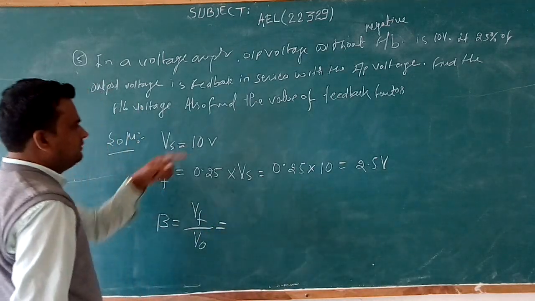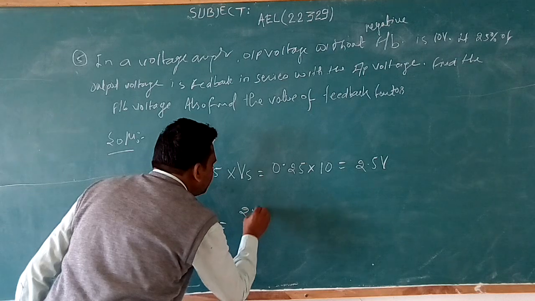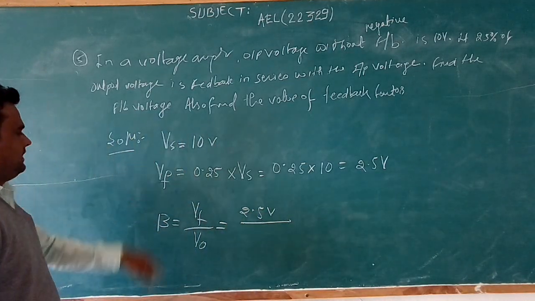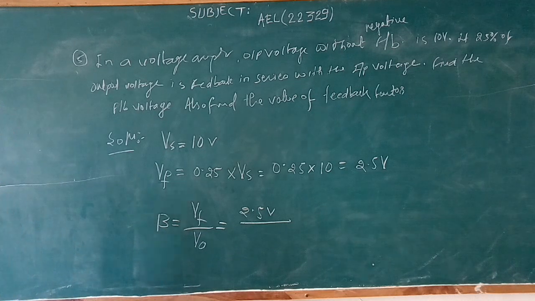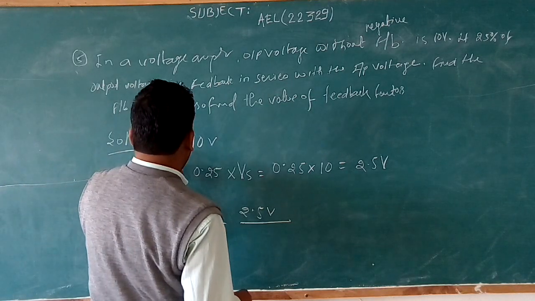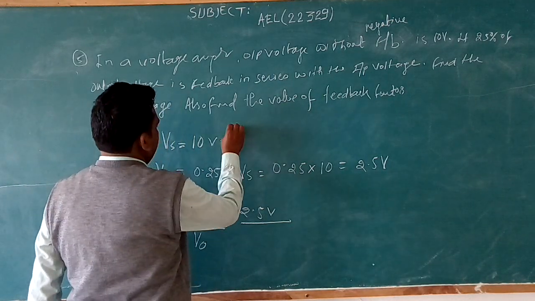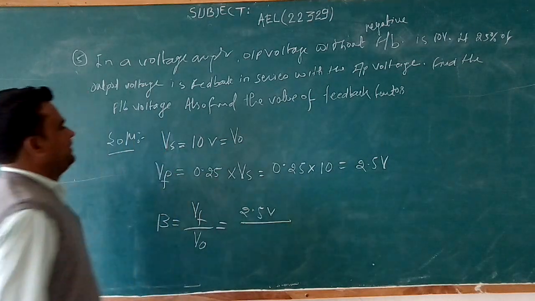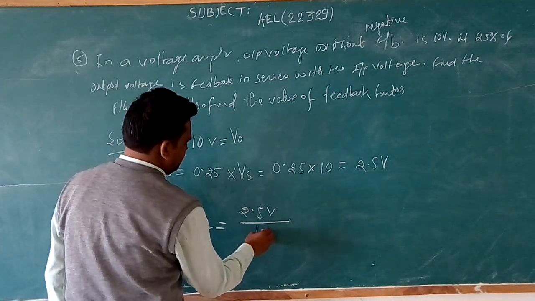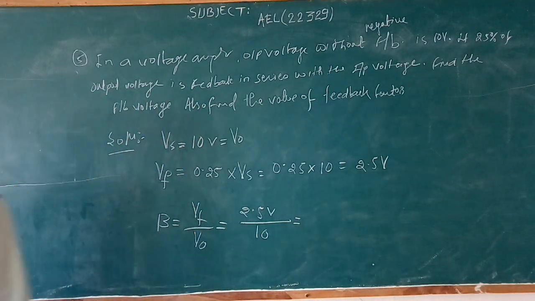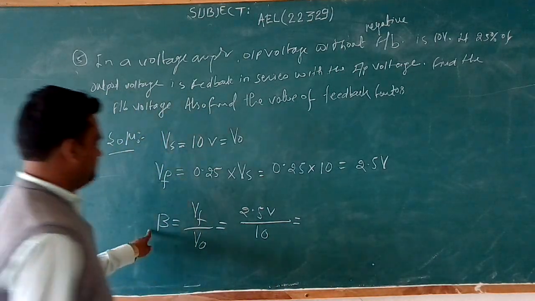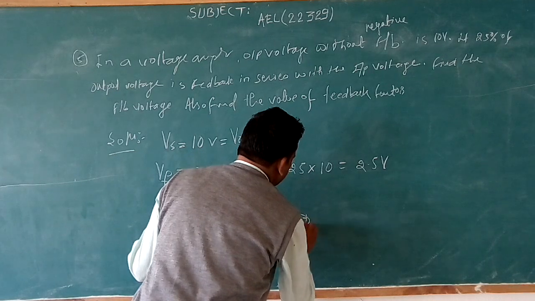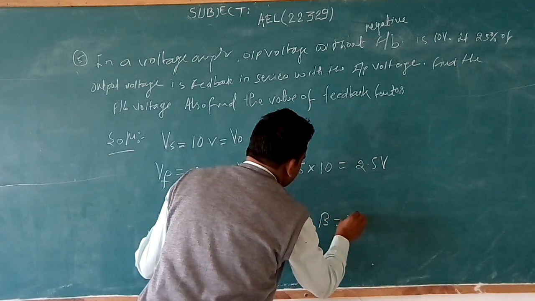So Vf equals 2.5 volt, and V0 is 10 volt, since Vs is nothing but V0, 10 volt. So beta equals 0.5.